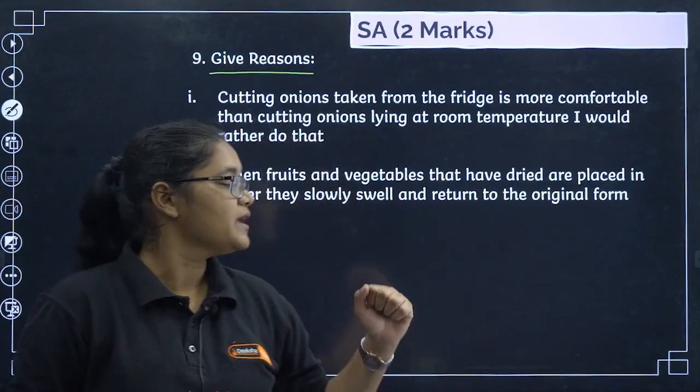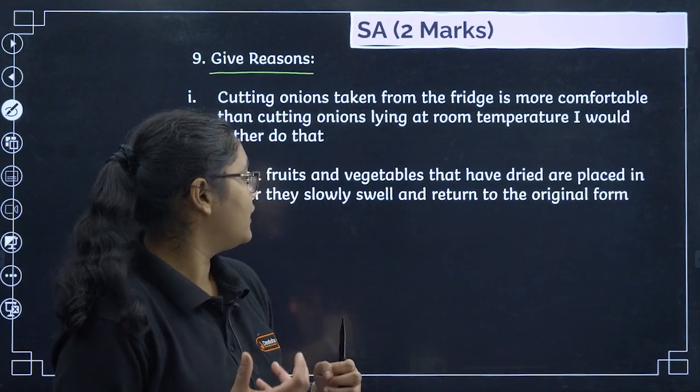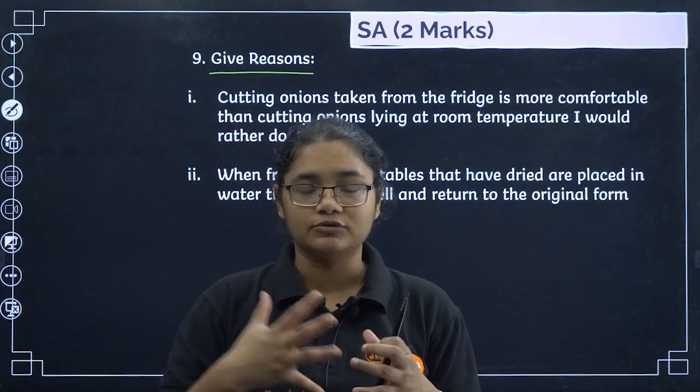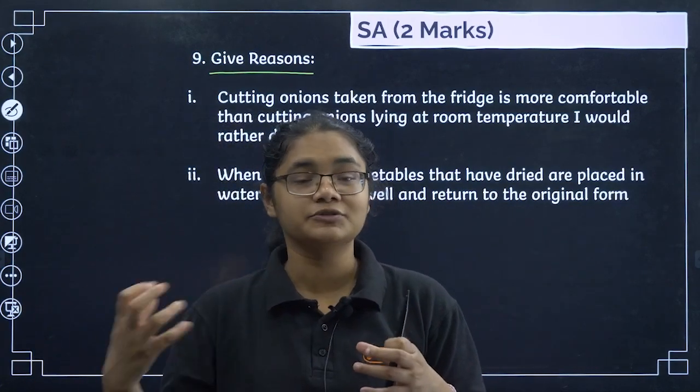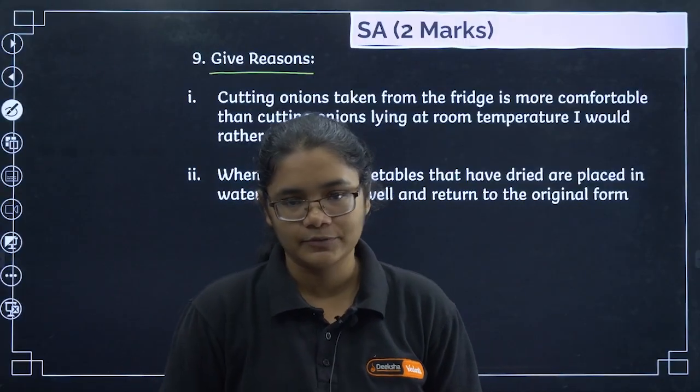That is the reason. Second one here, when fruits and vegetables are dried and are placed in water, there is endosmosis, water flows inside it, osmosis takes place and the fruits regain their shape.